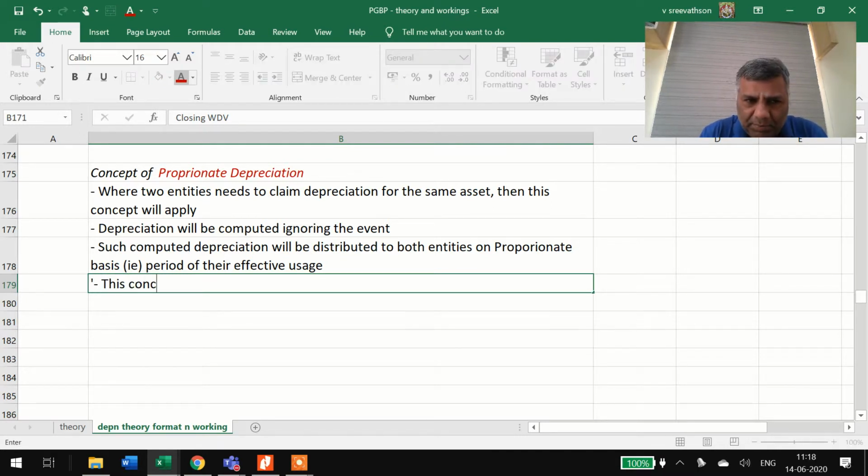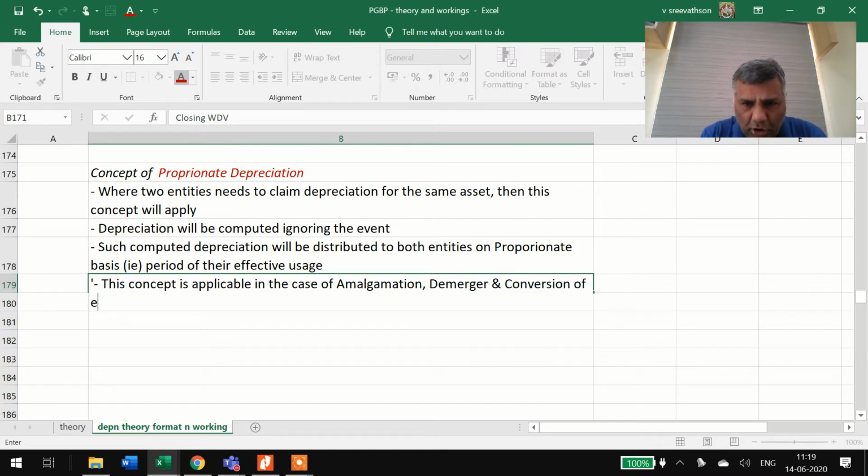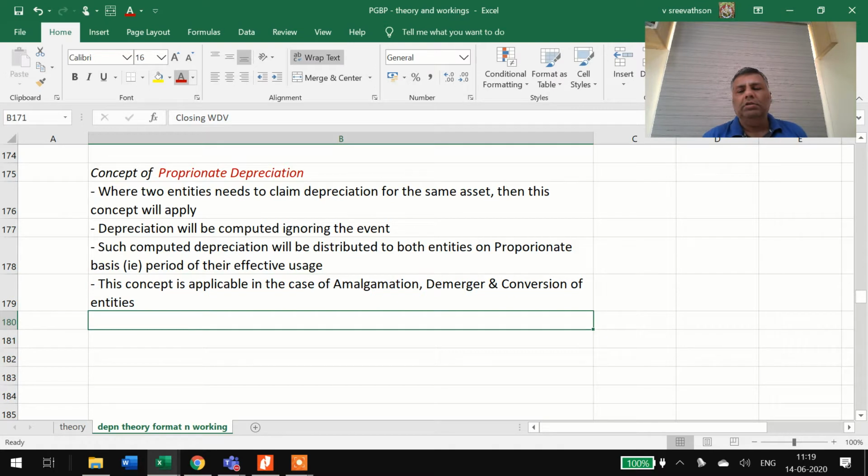This concept is applicable in the case of amalgamation, demerger, and conversion of entities.